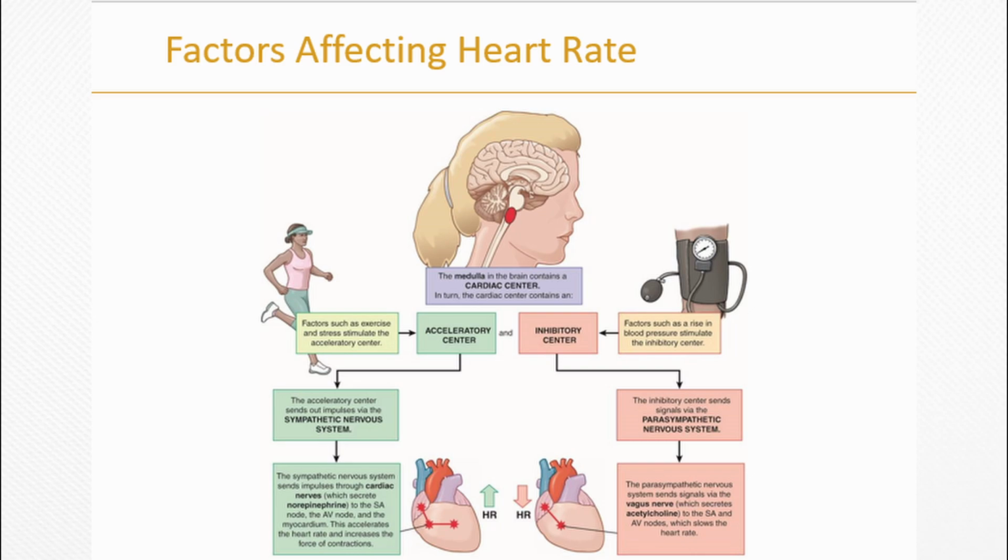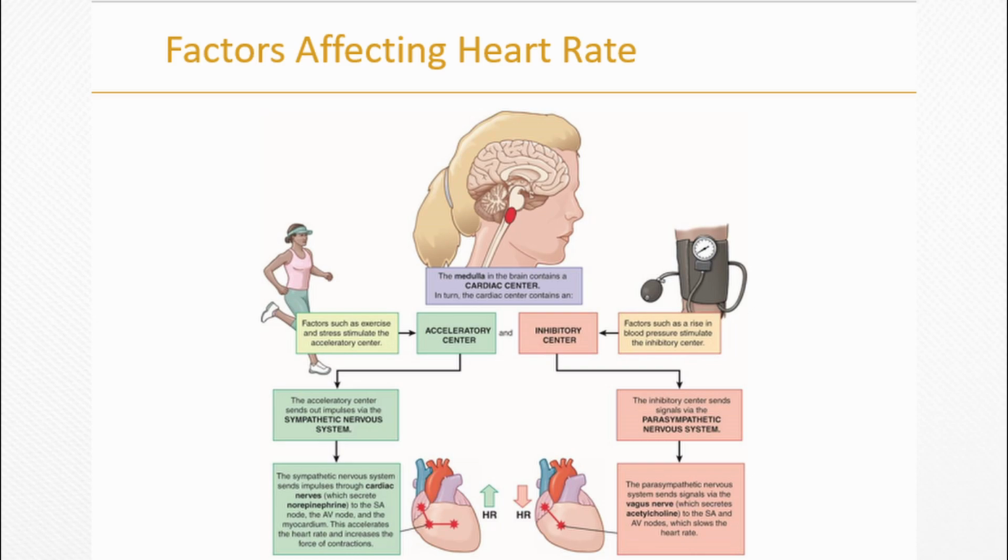When you're having anxiety, your sympathetic nervous system will pump because your body is getting ready for action. That anxiety is telling your body we need to prepare for something, so that will increase your heart rate.